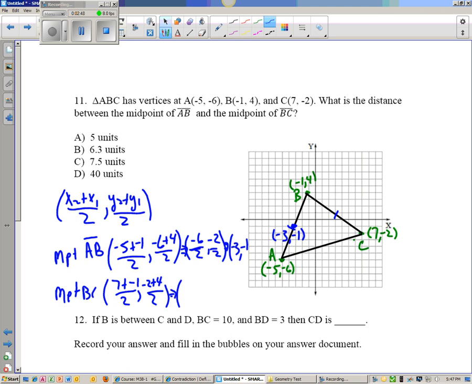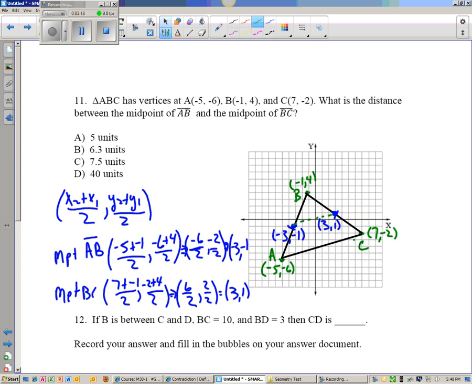That's going to lead to 6 over 2, and 2 over 2, which gives me the point 3, 1. So I'm going to come over here. I know that's where 3, 1 is, so I have 3, 1. Okay, and then my job is to find the distance between those 2 points.